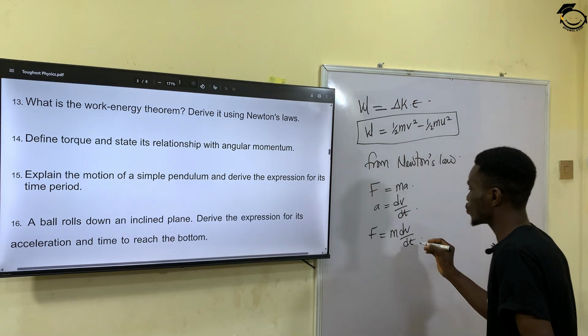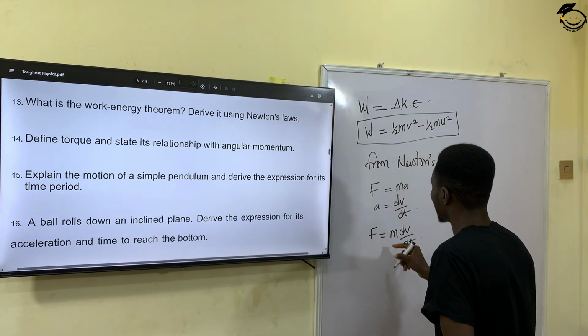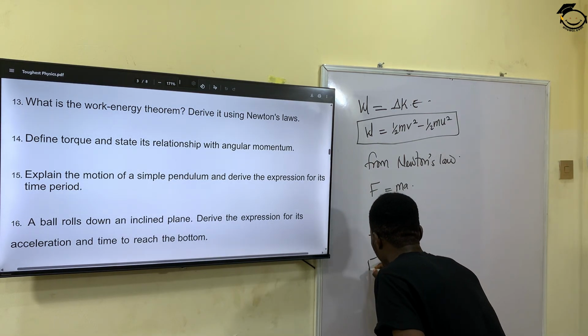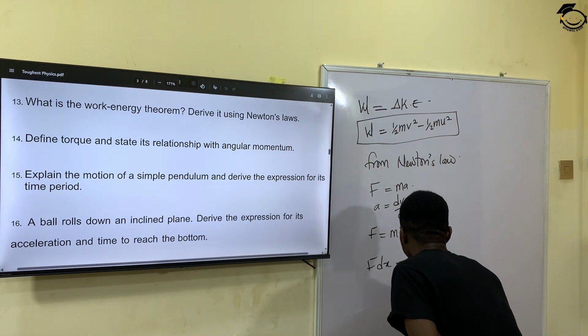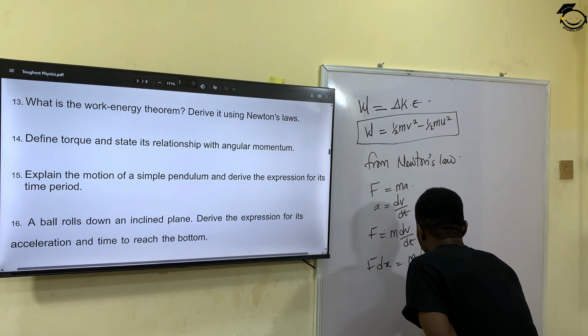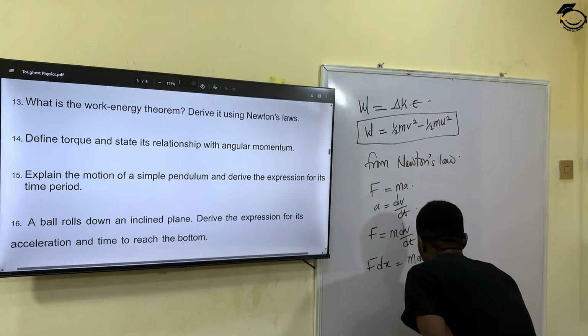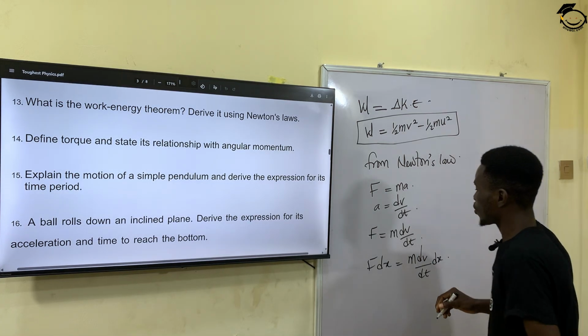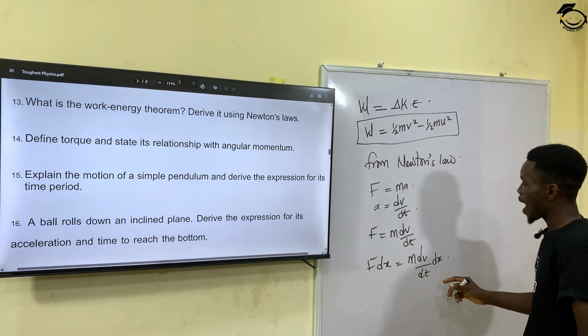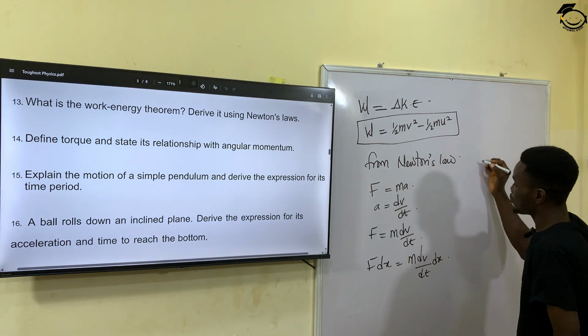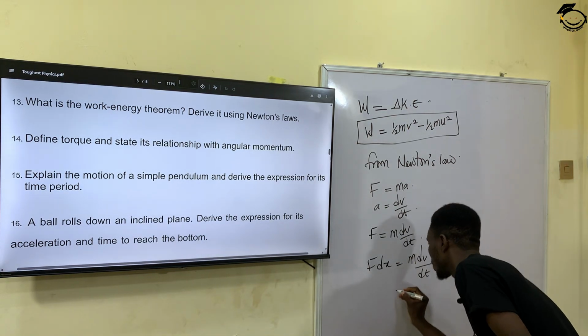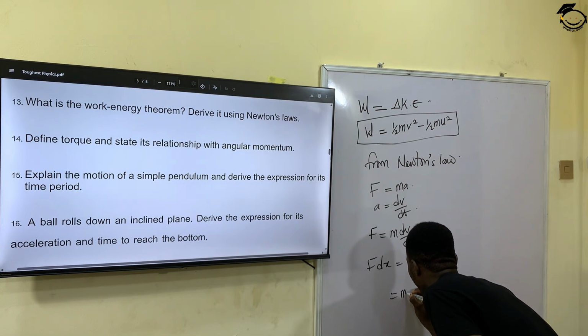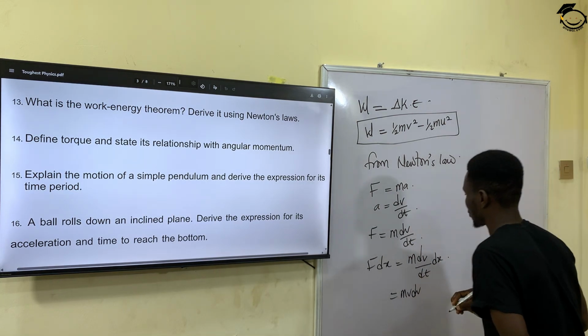So if I multiply through by dx, this will mean that I have F dx is equal to m dv/dt dx. So if this is what I have, if I simplify this, what I'm going to be having will be equal to mv dv.